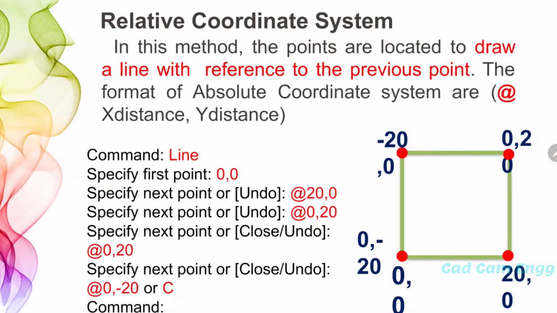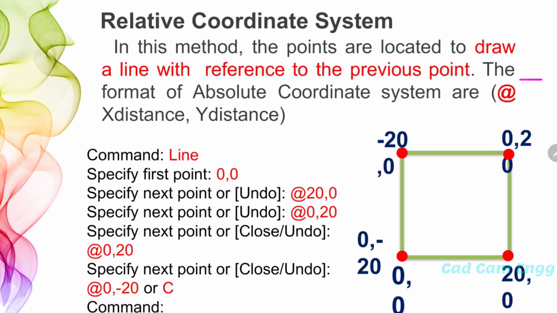Also, this format is changed a little. When we are using the absolute coordinate system, directly we use only the x comma y value. But in this relative method, before that we add one at symbol. Why do we add the at symbol?